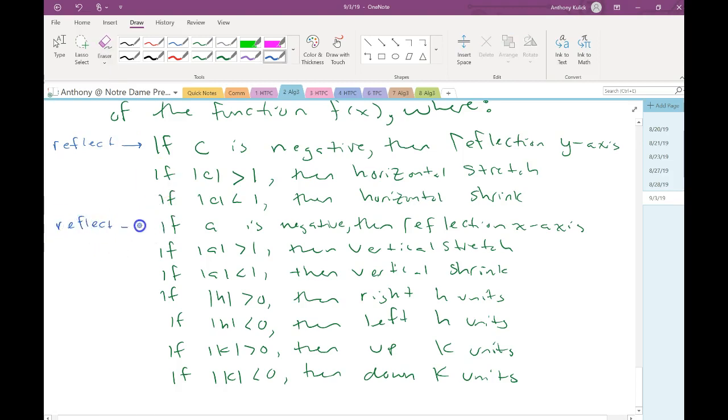So what we're seeing here is that the A and C coefficients control two things. They control whether a reflection has taken place, or they control if a dilation has taken place.